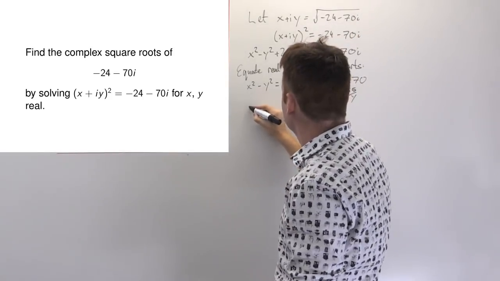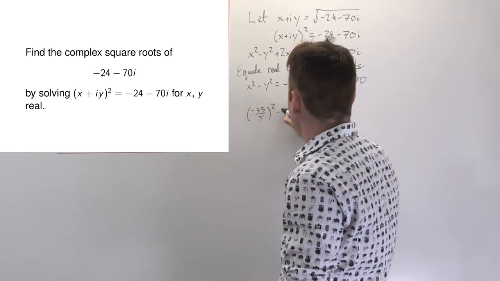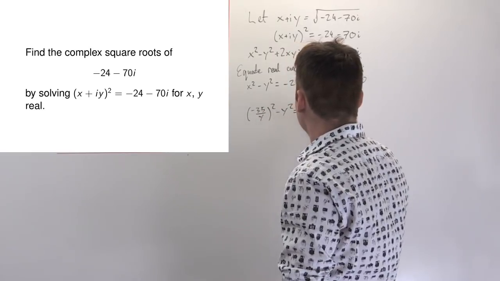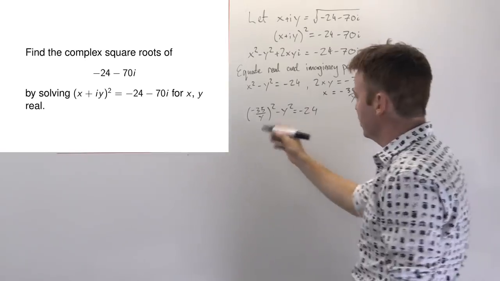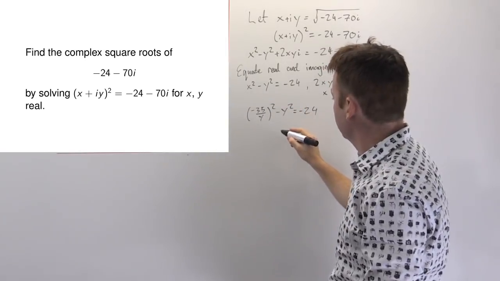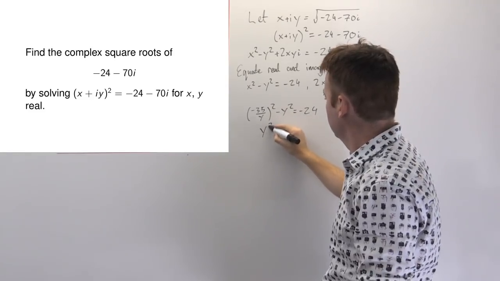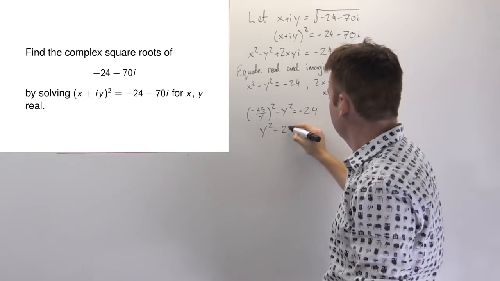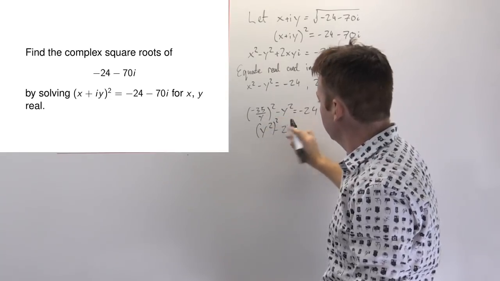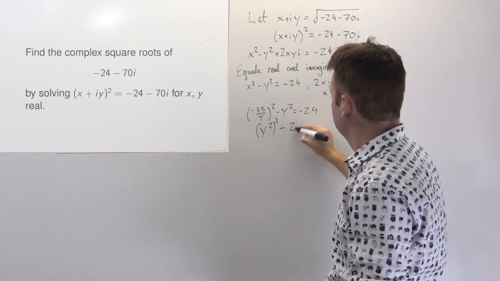This gives me negative 35 over y squared minus y squared is equal to negative 24, which is a quadratic. This negative 35 is going to cause me some heartache, but I can deal. This becomes y squared minus 20, y squared squared. So that's y to the 4, but I'm going to write it as y squared squared.